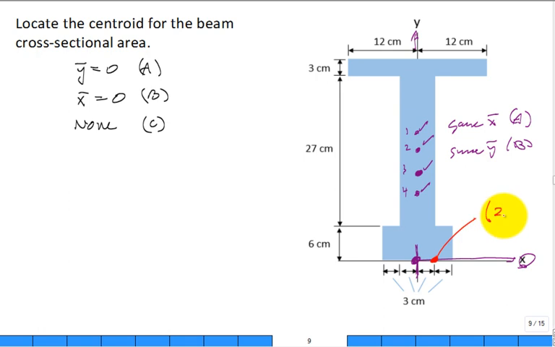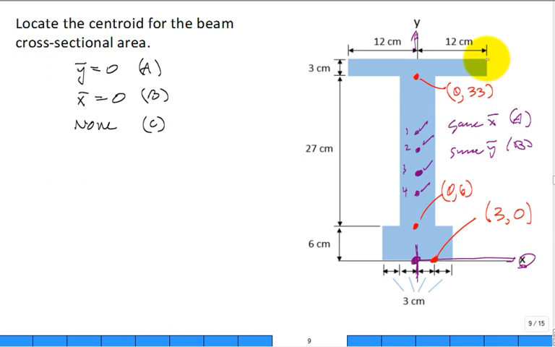Is it 3 centimeters, 0 in the y? Is that true? Okay. How about this point right there? Is it 0 in the x, 6 in the y? All right. What is the location of that point? Is it 0 in the x and 27 plus 6? What is that? 33 in the y?